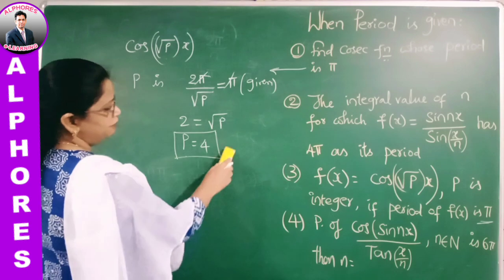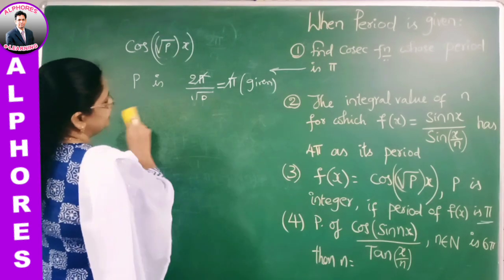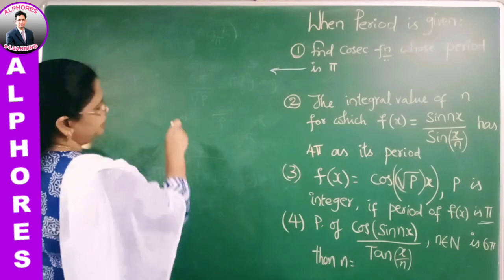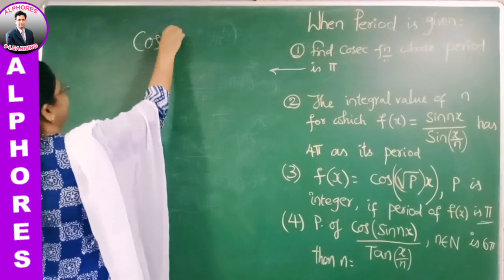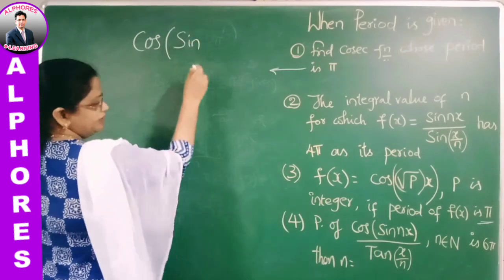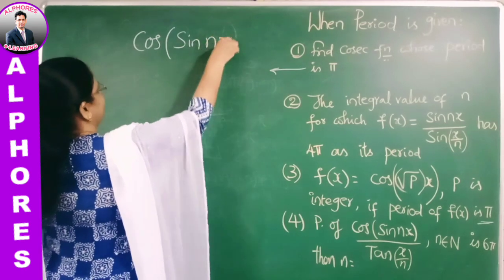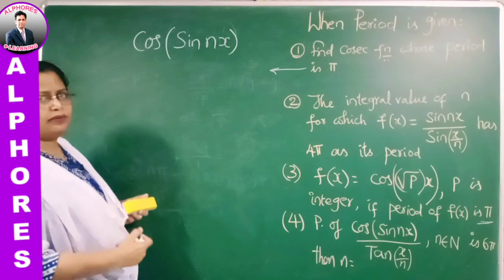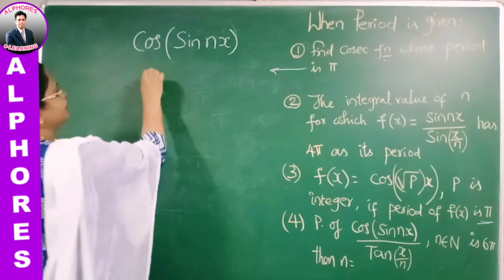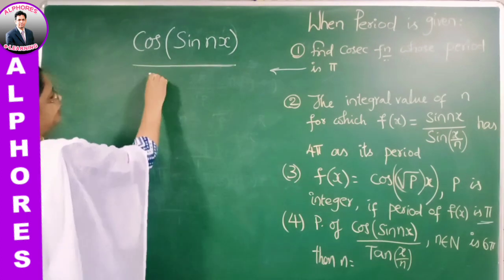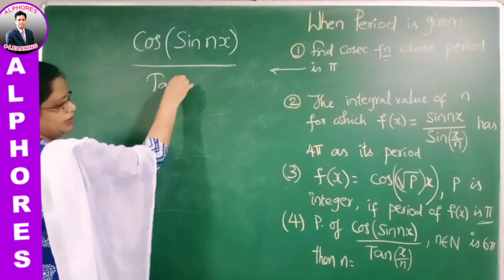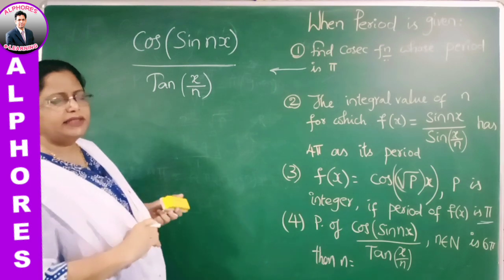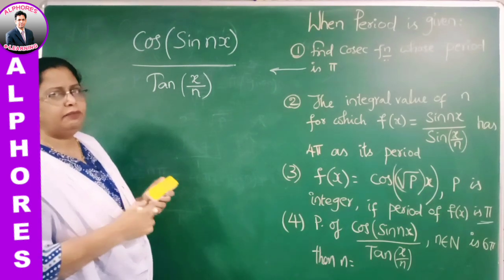And lastly, period of cos of sin nx divided by, so whenever cos of, in the previous session we have observed, students, composite functions like cos of sine, sine of cos, tan of cot are given. Whenever you find cos or secant, then you must be too cautious regarding the fundamental period.